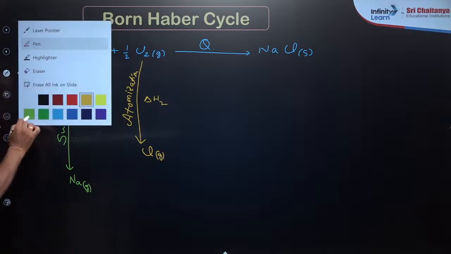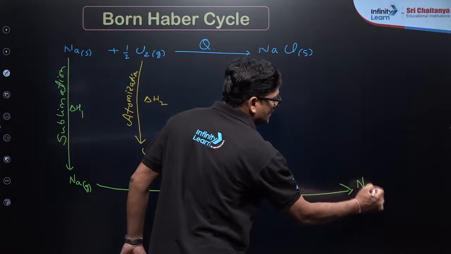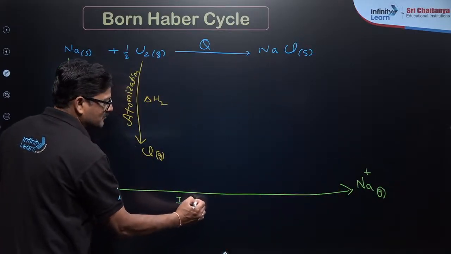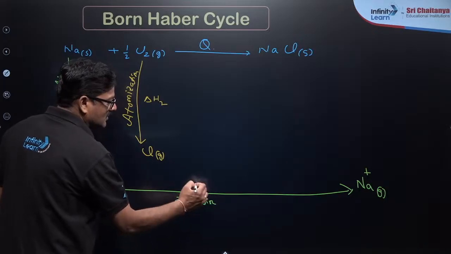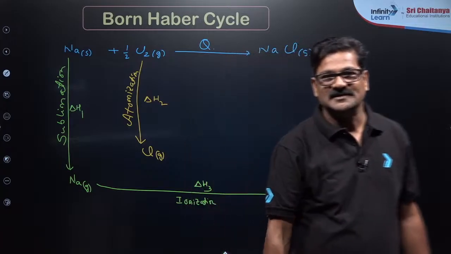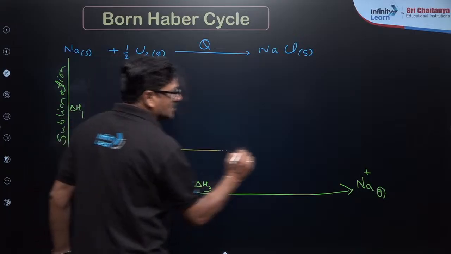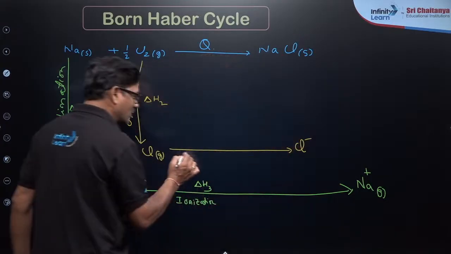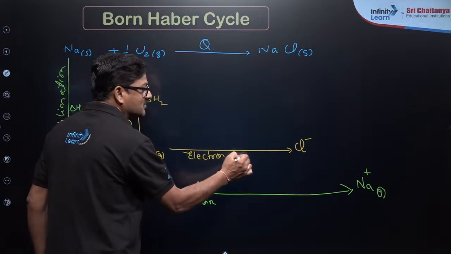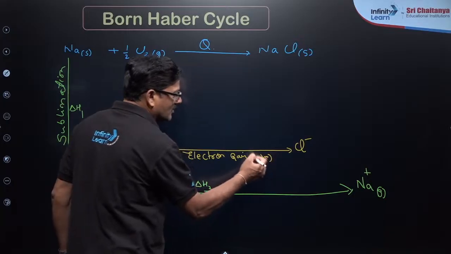And once you have sodium in the gaseous state, let us make it into the sodium ion in the gaseous state. The process is ionization. So this is going to be delta H3, right? And let us add 1 electron to chlorine so that you get Cl minus. This is called electron gain energy. It is supposed to be a negative quantity, okay?